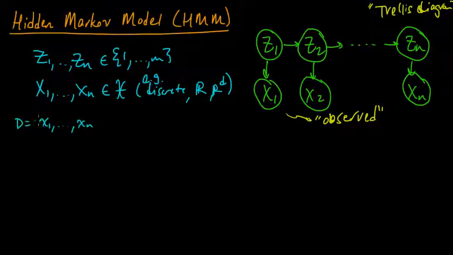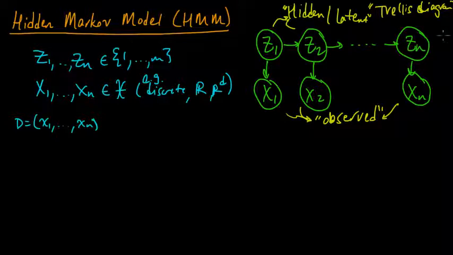So this is like your data. And the Z's are the hidden or latent variables. So this is the hidden part.